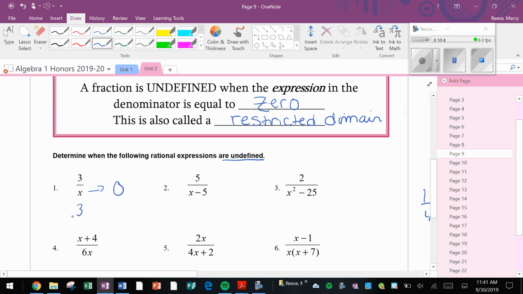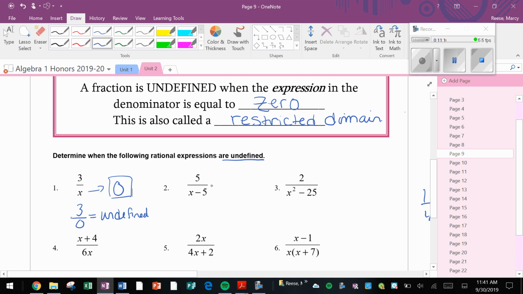Because 3 divided by 0 is undefined. And that's your answer. That's it. Again, remember the question says determine when the following rational expressions are undefined. So we're saying that 3 divided by x will be undefined when x is 0. We're just going to say the value is 0.